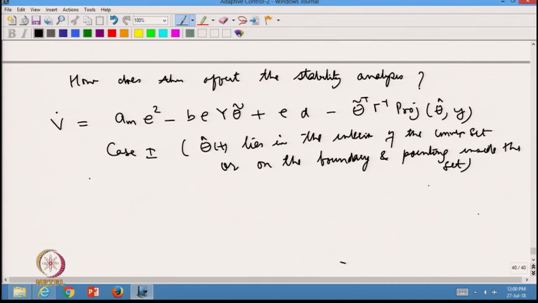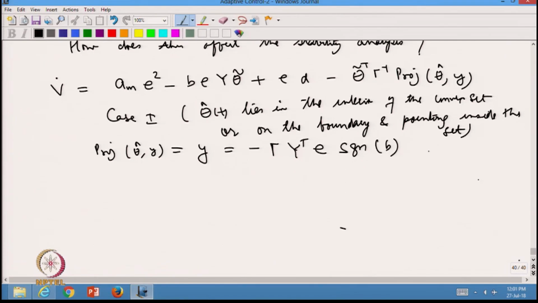In this case we know that the projection operator will return the unmodified law. So proj of theta hat comma y is equal to y, which is given by what we had derived last time, minus gamma y transpose E signum of B. If we use this as the update law, we will cancel this term in the Lyapunov derivative, and we will be left with V dot equals A m E square plus E d.